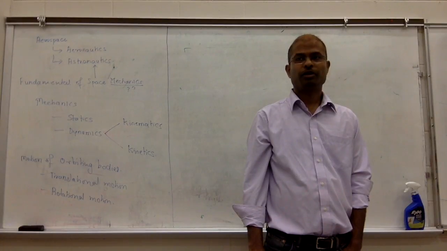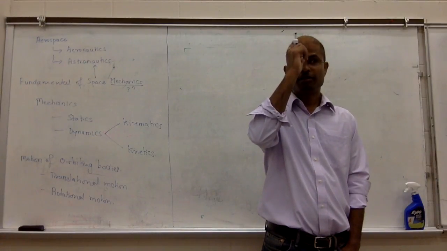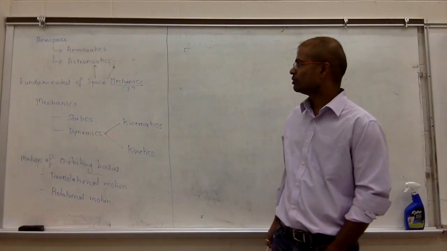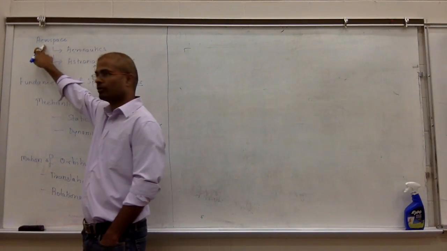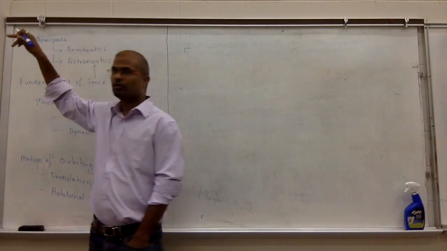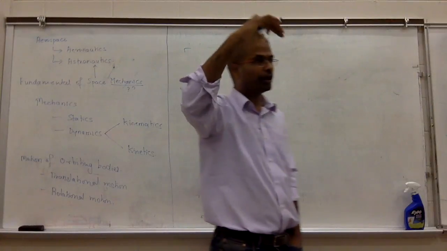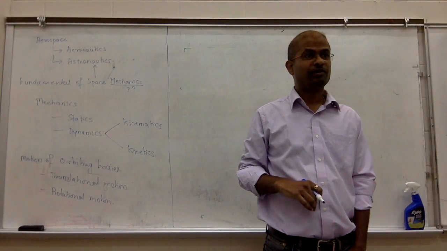Outside of the atmosphere, or space. What does space mean? You are in aerospace, right? You are in the Department of Aerospace Science Engineering. What does aero mean? How do you define the limit of aero and then space? The atmosphere.